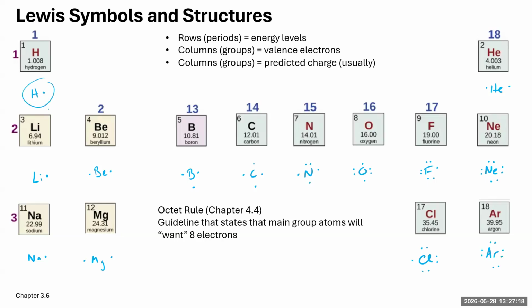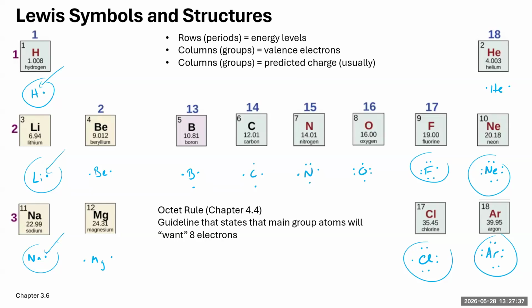But these kind of look similar, right? One electron, one electron, one electron, seven, seven, eight, eight, right? They are going to have the same number of valence electrons, so they might look similar, but what differs is the symbols. So make sure you pay attention to everything, the dots and the symbols.